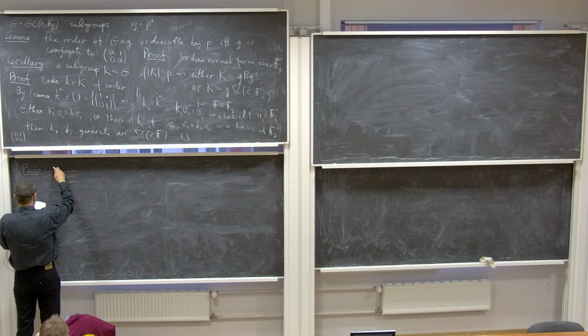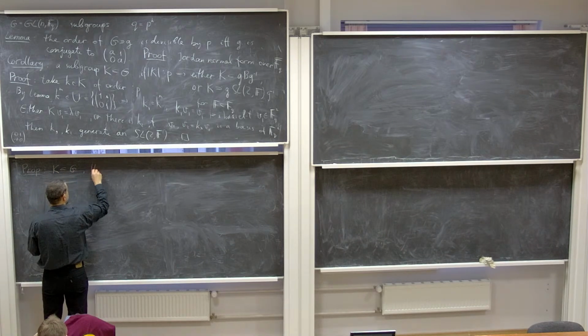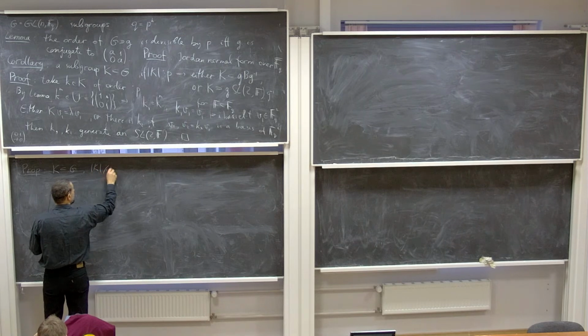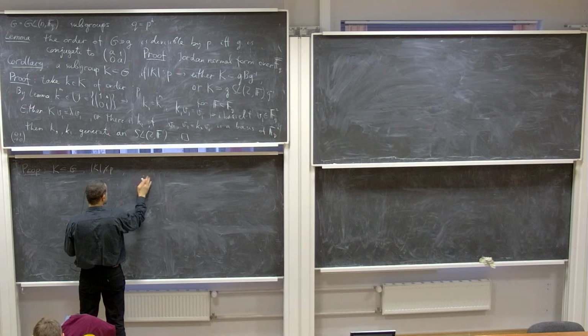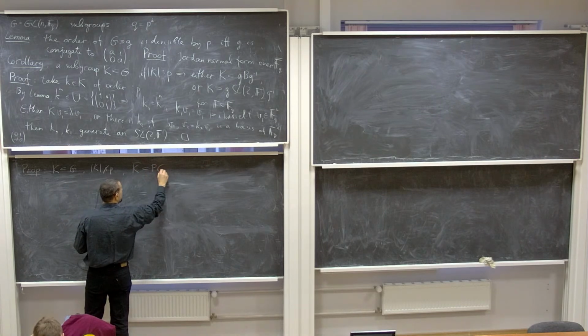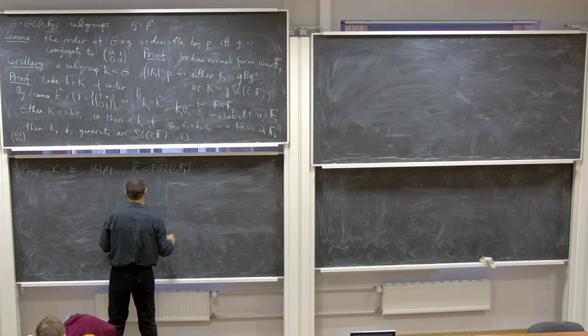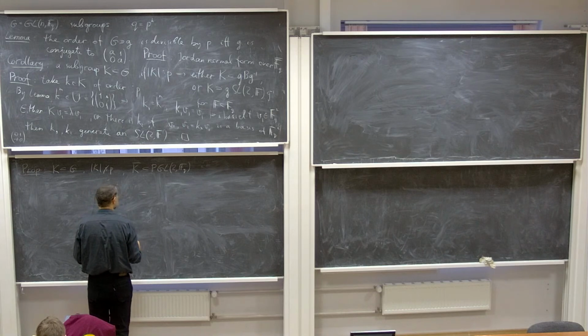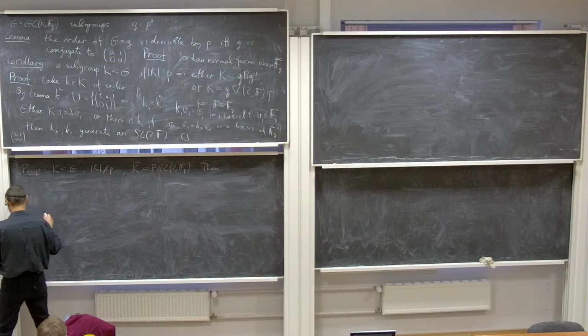So consider a subgroup K of order not divisible by p, and its image in the quotient modulo scalars. And this quotient is of the following possible forms.